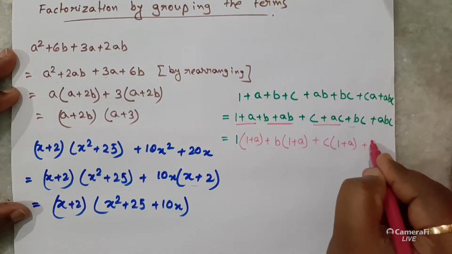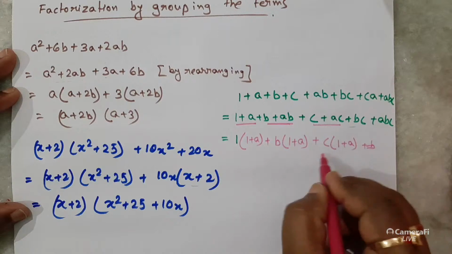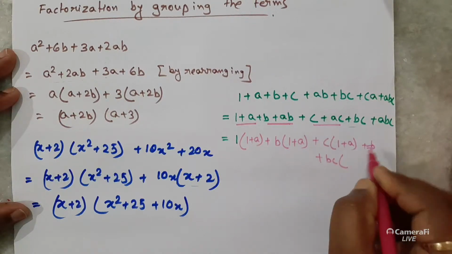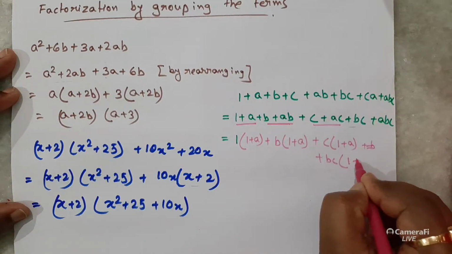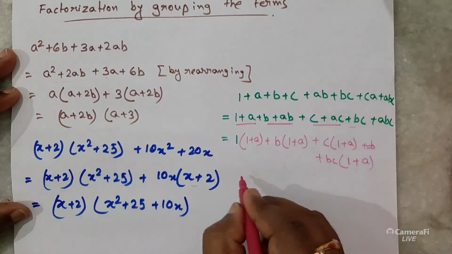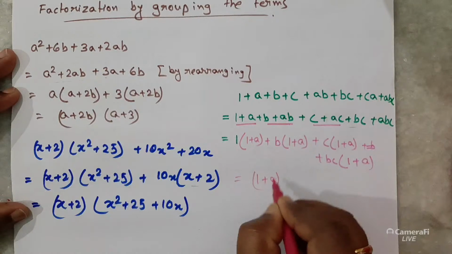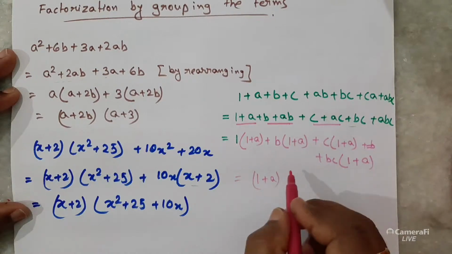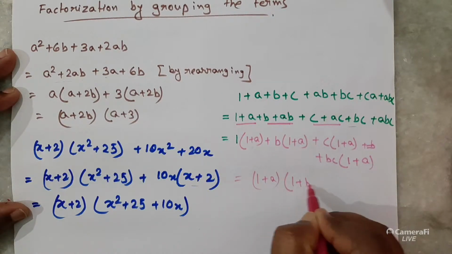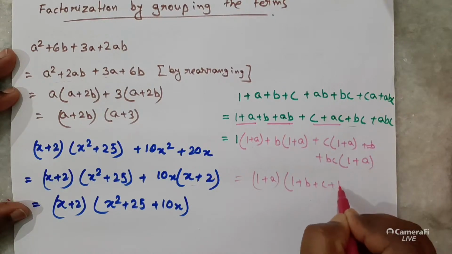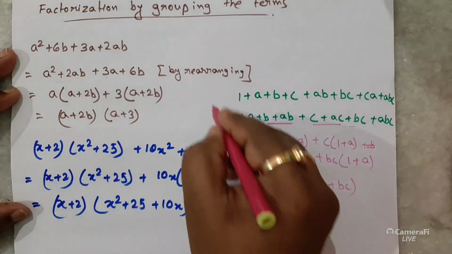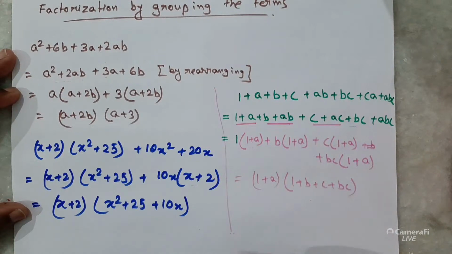From this we are taking BC as common, I am writing here BC as common, then here it will be 1 plus A. So if I take 1 plus A, the terms I take common, then it will be 1 plus B plus C plus BC. This is our answer.